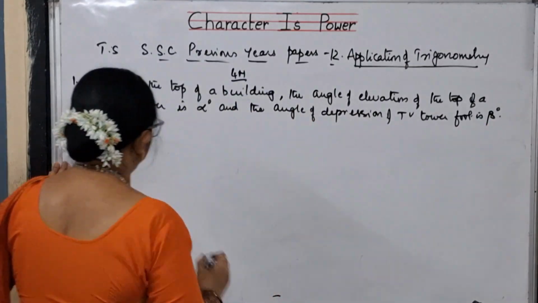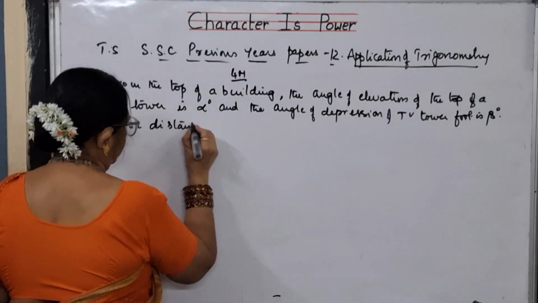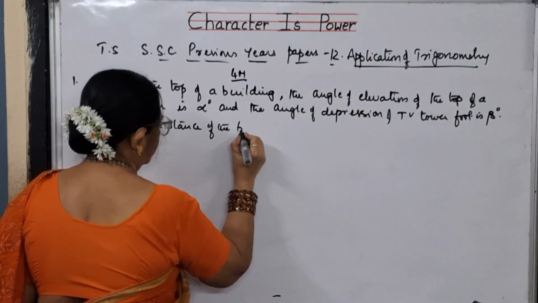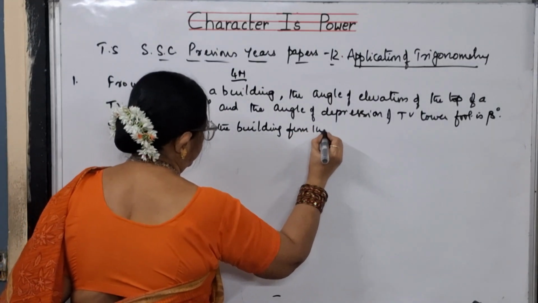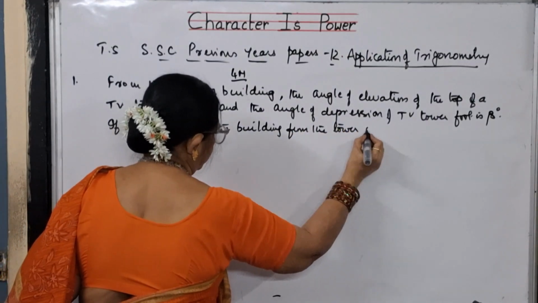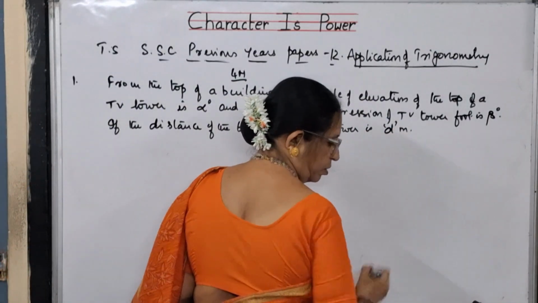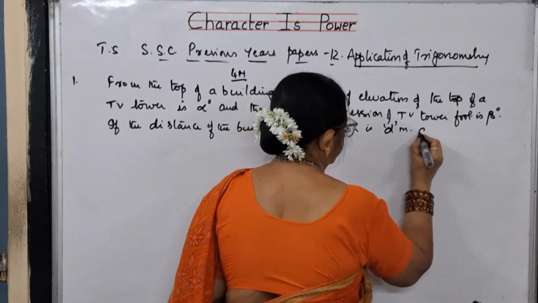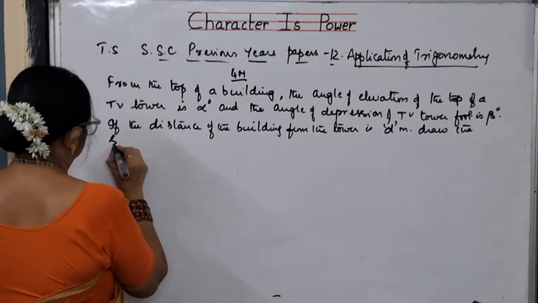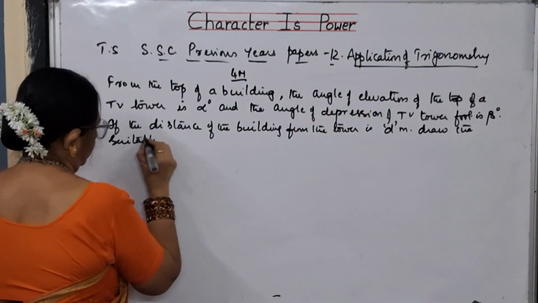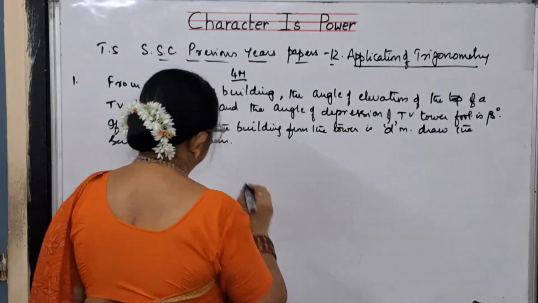If the distance of the building from the tower is d meters, draw the suitable diagram for the given data.